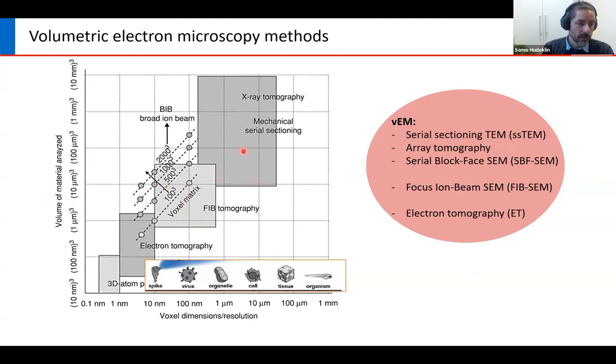Then you have the methods where mechanical sectioning takes place, that means array tomography or serial block face. Those methods give you slightly lower resolution, but you can analyze larger volumes. So depending on your question, you choose your method.